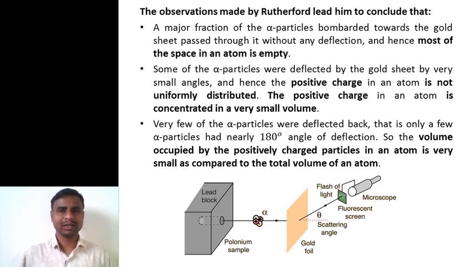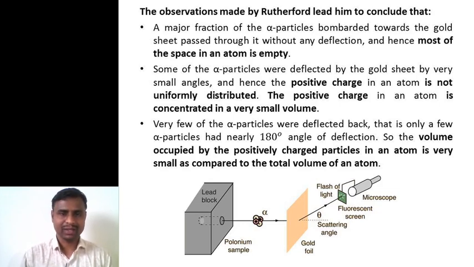Some of the alpha particles were deflected by the gold sheet by very small angles, and hence the positive charge in an atom is not uniformly distributed. So the positive charge in an atom is concentrated in a very small volume, and he termed that small volume the nucleus. The nucleus consists of all the positive charge of the atom.